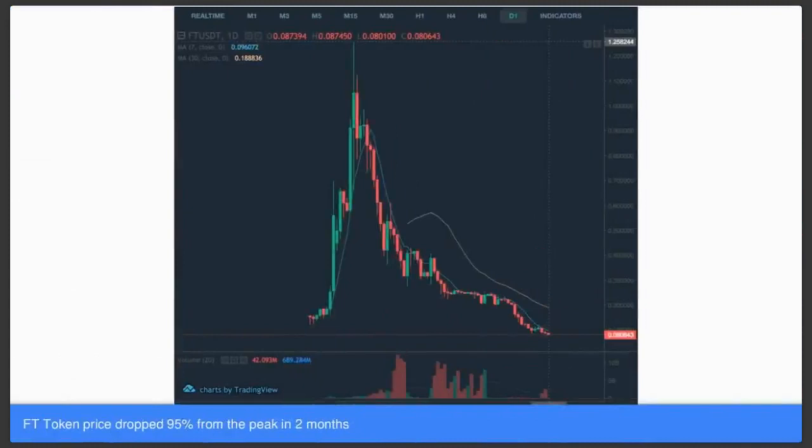This chart shows FT, FCoin's platform token. You can see that after they reached the peak, within 2 months the price dropped like 95%.